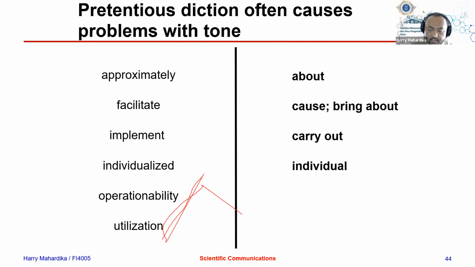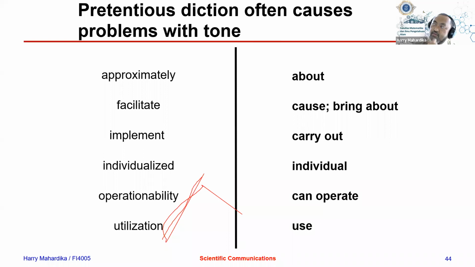Okay, this is basically, approximately. Pretentious diction often causes problems with tone, because the usage of approximately can also be replaced with about, but we need to be careful. So how can I say?